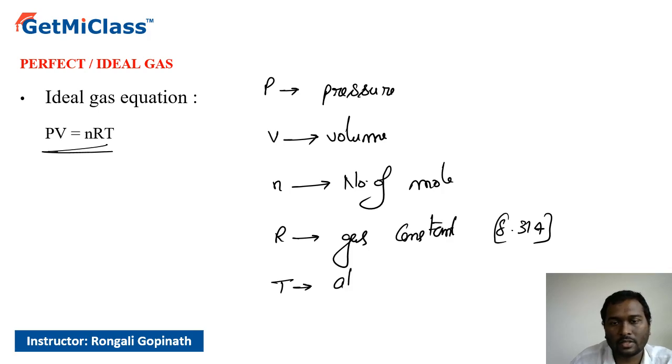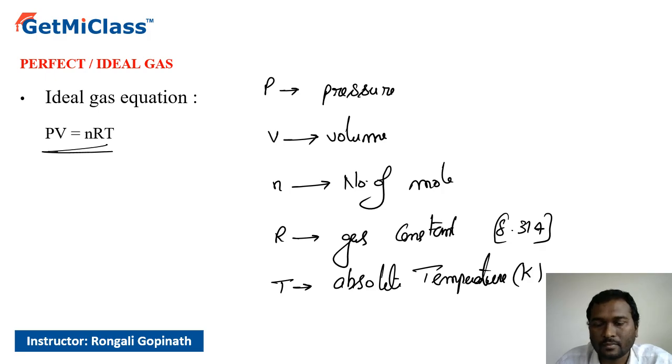T represents absolute temperature. That means basically Kelvin, right?